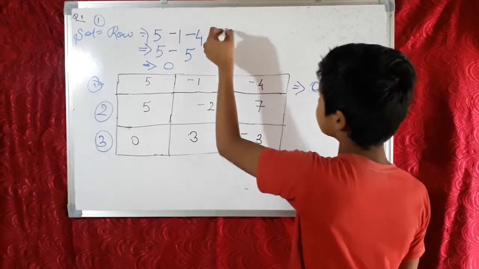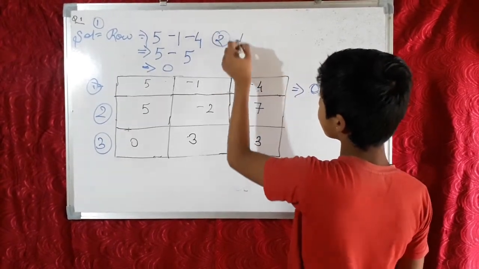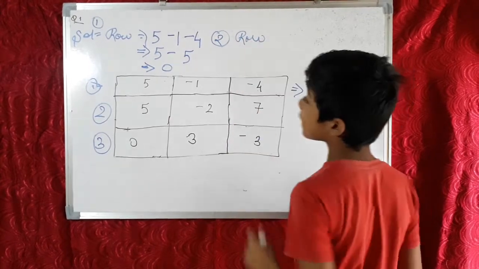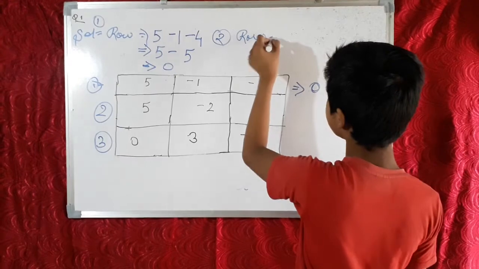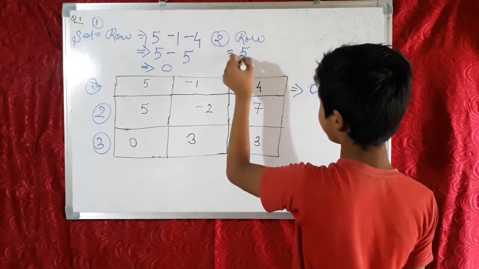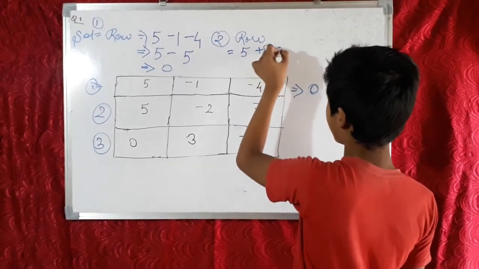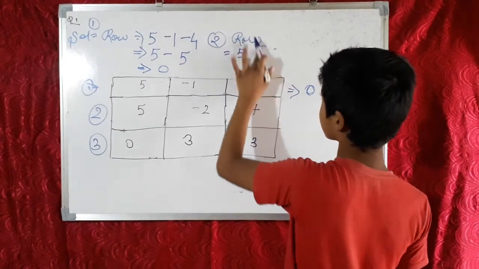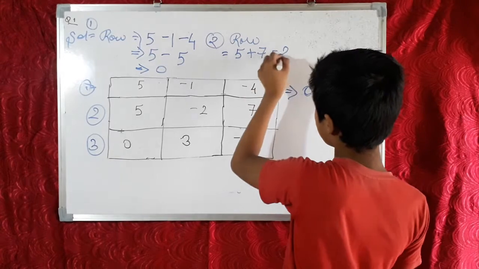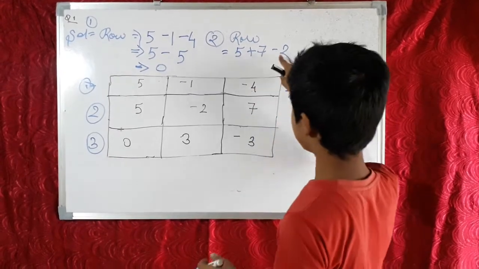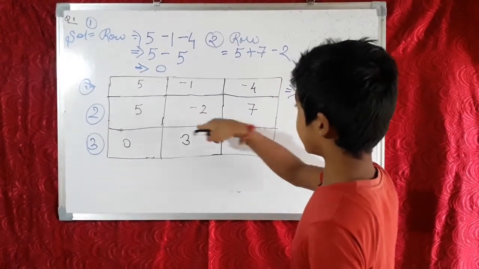Now we will find out our second row. What is our second row? 5, minus 2 and 7. So here we will write 5 plus 7 minus 2. You are thinking why I have written this minus sign before, because this minus sign is between.